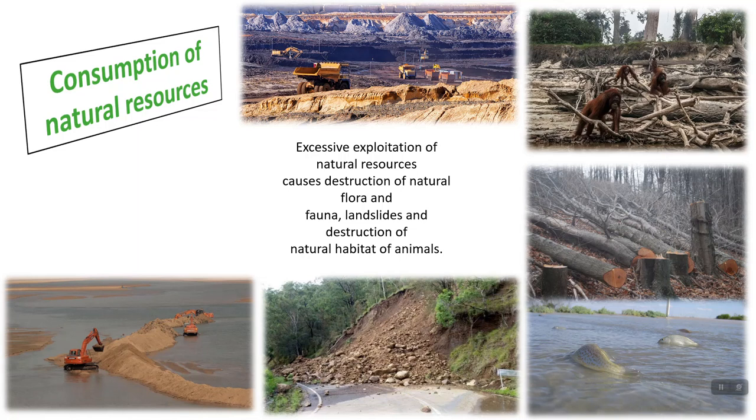The birds and other animals in the forest die because the natural habitats disappear. They also cause landslides when we cut trees. The land no longer stands still, so it causes landslides.